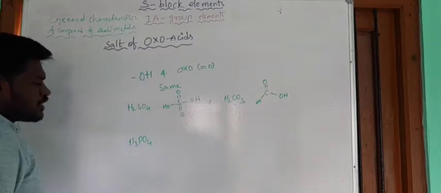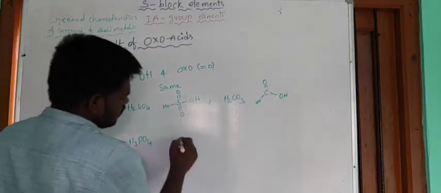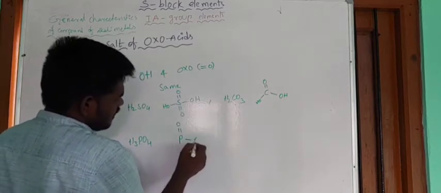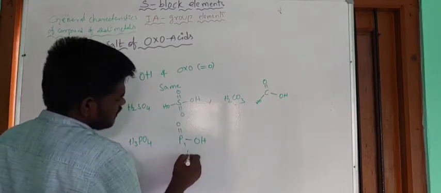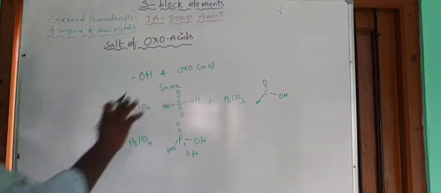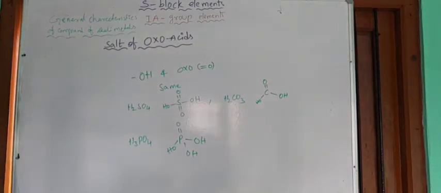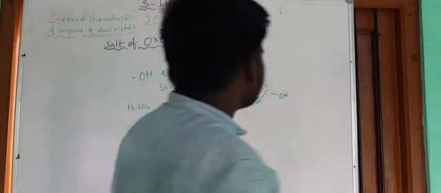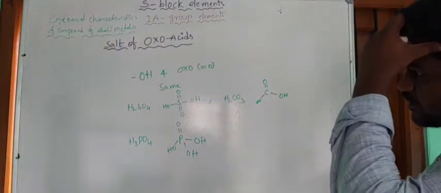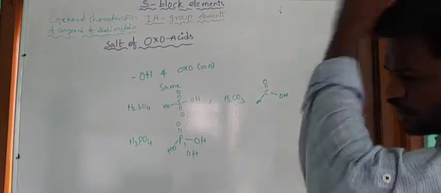H3PO4, this is phosphoric acid. In this one, double bond O is connected with phosphorus and 3 OH groups are also present. These all are examples for the oxo acids, because in all these acids the central atom is connected with the oxo group, that is double bond O, and the hydroxyl group, that is OH group.